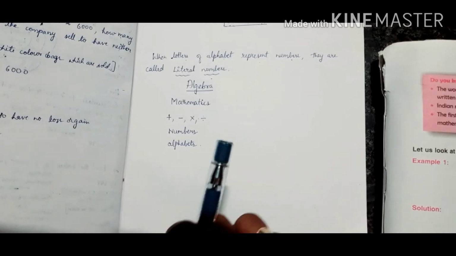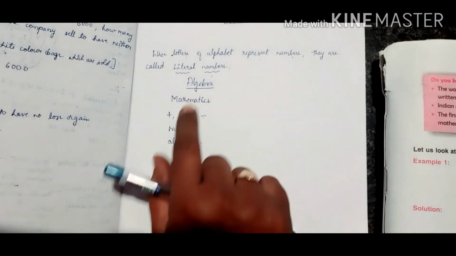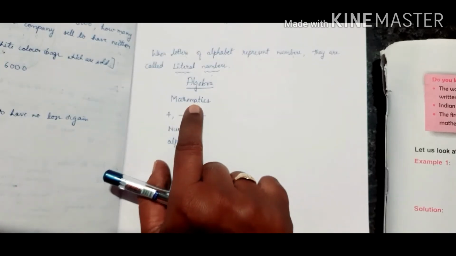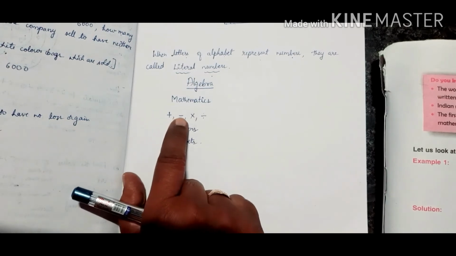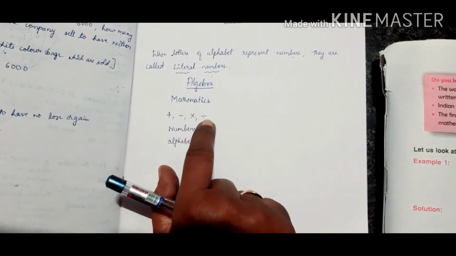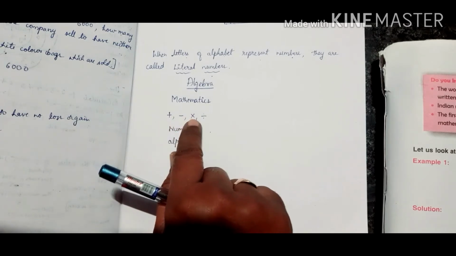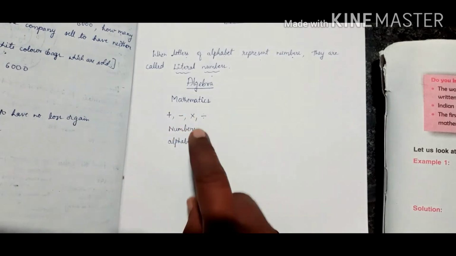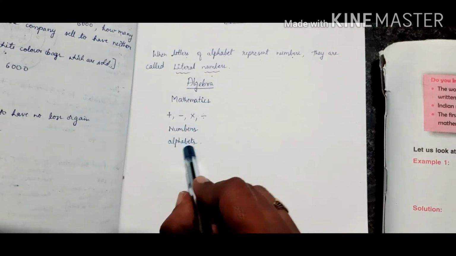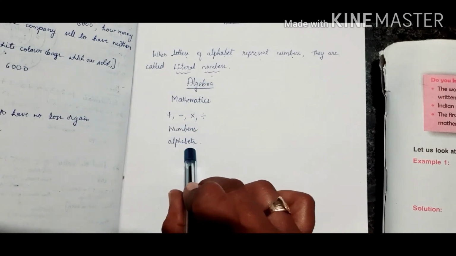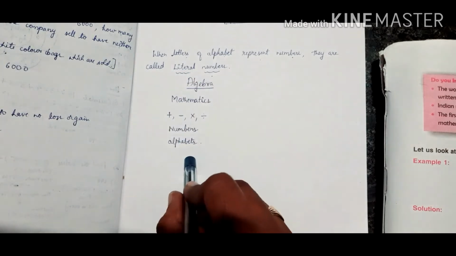Children, now let us know a little more about algebra. Algebra is a branch of mathematics that includes operations like plus, minus, into and division, that is addition, subtraction, multiplication and division. It also includes numbers, and one more thing, it includes alphabets, which we also call literal numbers.